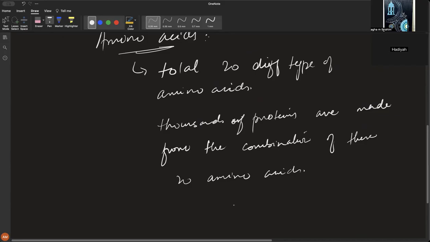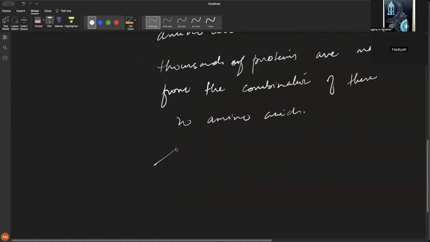So in total, these 20 amino acids can be divided into two types: essential and non-essential amino acids.